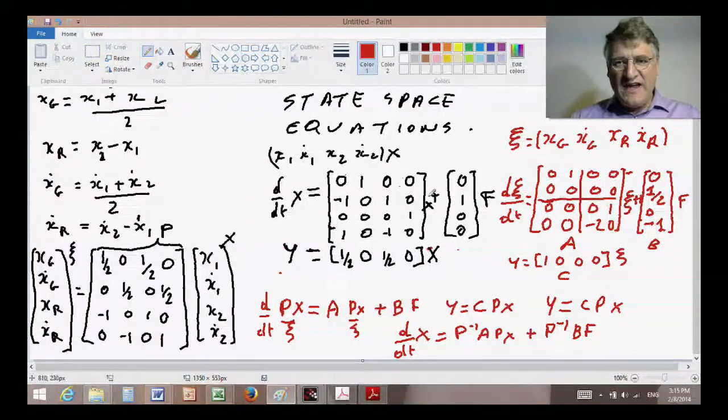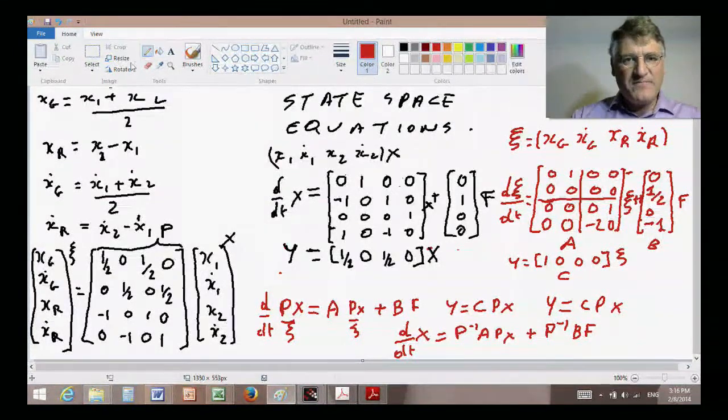Now this x and that x are the same. Therefore, we should be able to match this matrix to that matrix, this matrix to that matrix, and this matrix to that matrix. Let's see if this is correct. For the purpose of doing that, I need P but also P inverse. P inverse is the process by which you go from these guys back to these guys.